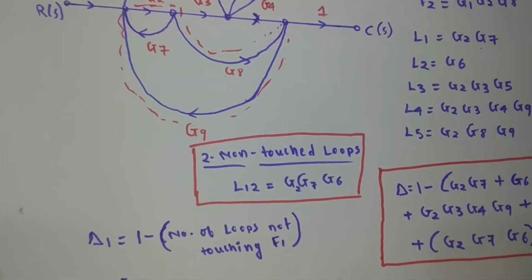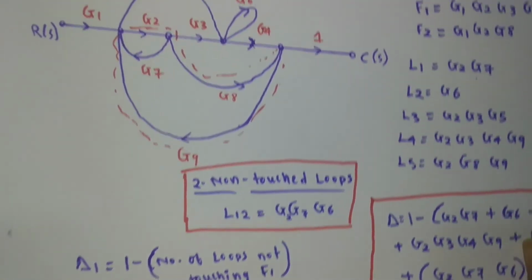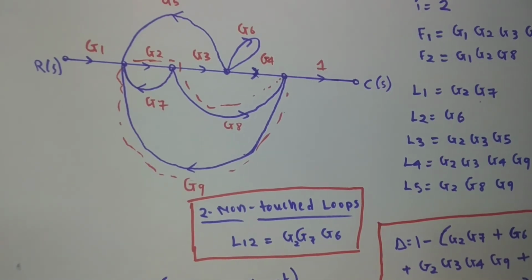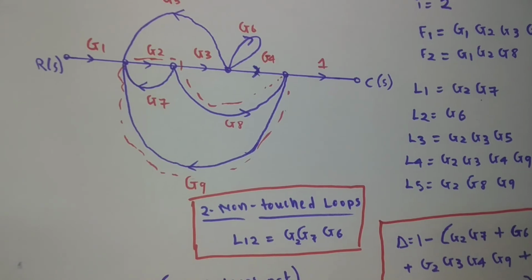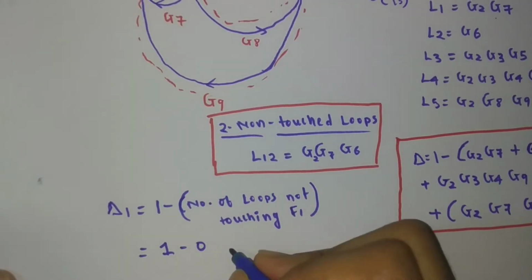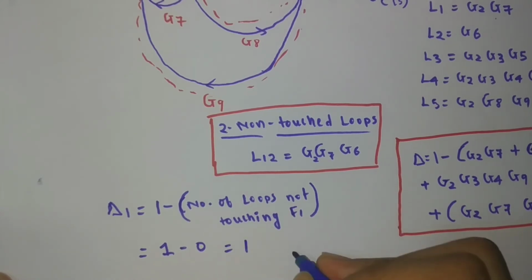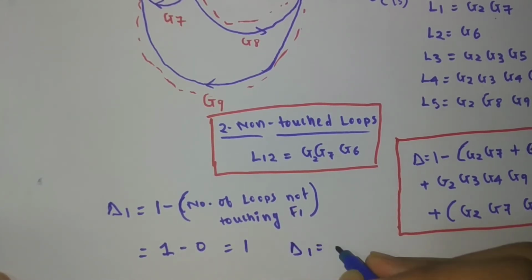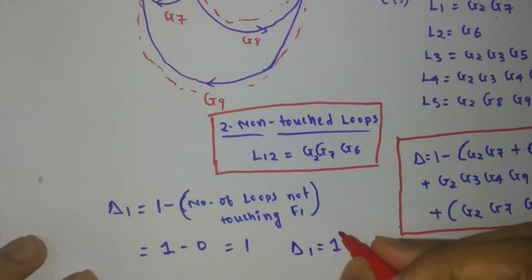So here all the loops are touching, there are no such loops which are not touching. So this will be 1 minus 0, which will give us 1. So we can write delta 1 as 1.